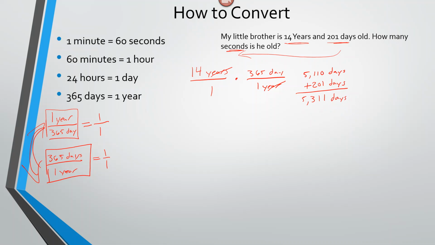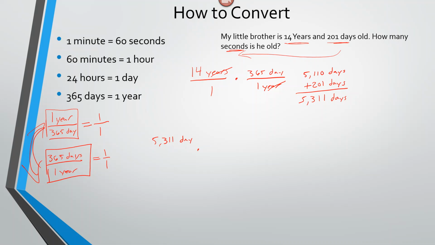Okay? So pretty simple. So let's take this and convert it into seconds, because that's what we are asked to do. We want to convert into seconds, right? So 5,311 days, and we're going to multiply this by what?